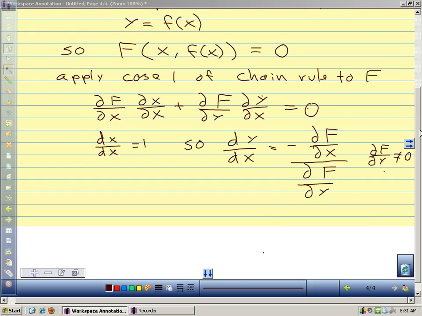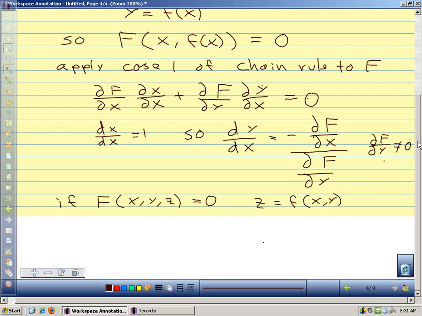And if we have a 3-variable function, or more, if f(x, y, z) equals 0, and z is implicitly some function of x and y, we can go through a similar argument to find our partials of z with respect to x.